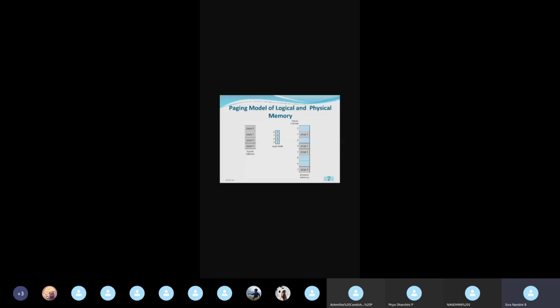To access the fourth element in this frame, fourth element means 100 plus 4, 104. So I have to mention that offset value. Okay. So in this page 0, which portion am I going to access? Every page will have some locations.